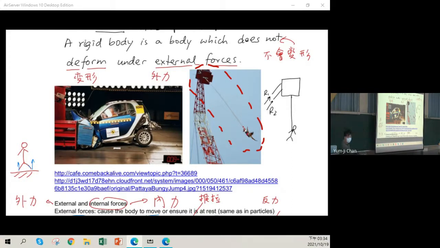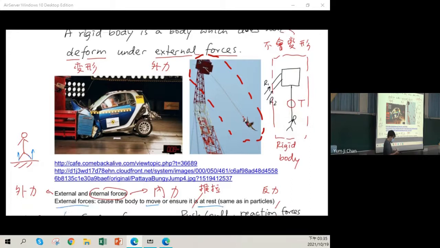Of course, we all know that there is tension in the cable. But if we consider this a rigid body, this cable force only holds the person and the tower together. It is not moving the person anywhere.